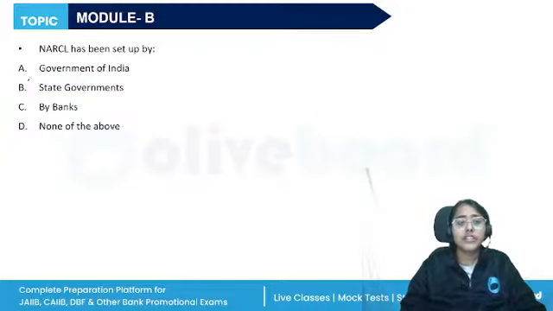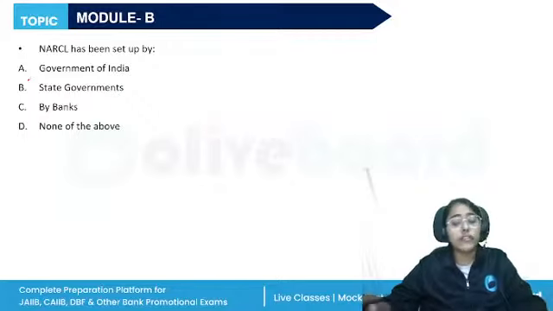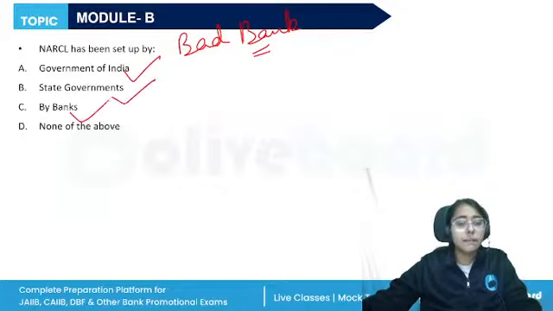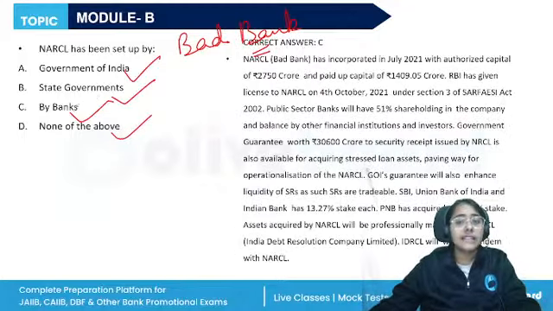All right. Next question. The NARCL has been set up by the National Asset Reconstruction Company Limited. NARCL, which is also known as the Bad Bank, whether it is set up by the government of India, the state governments, by banks, or none of the above. So the correct answer is C. It is set up by the banks.